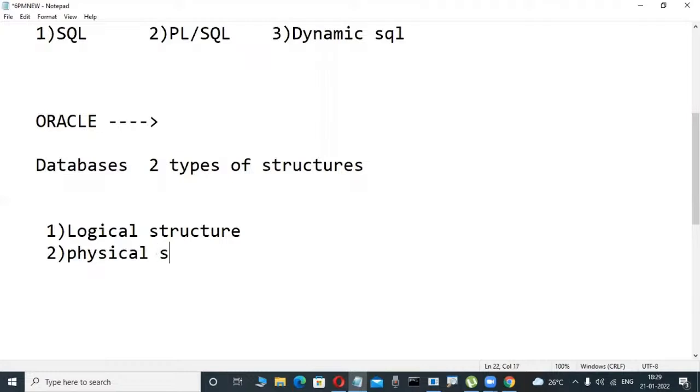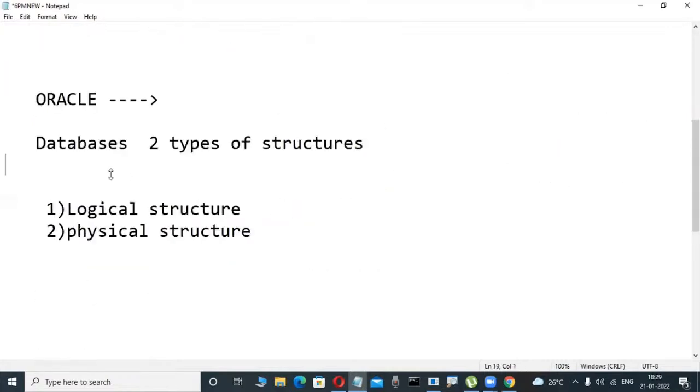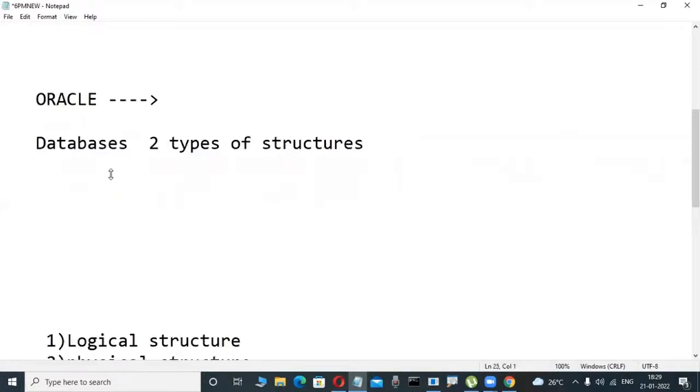Before we go into what the logical and physical structures are in these database software, consider the database definition in books. Many fellows write it like this.